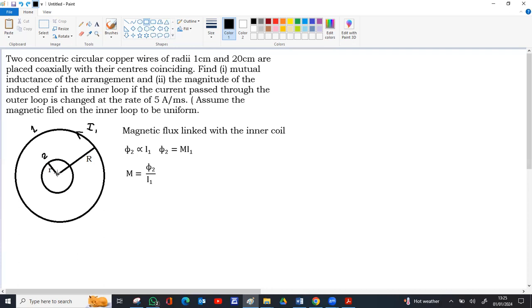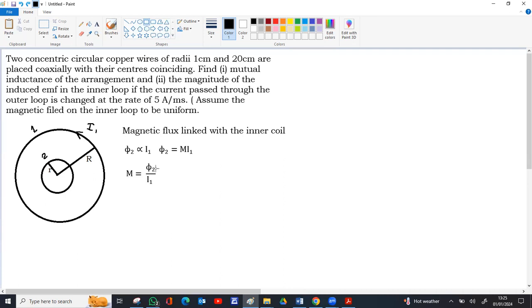Only thing, the B is coming from coil 1, because coil 2 doesn't have its own magnetic field. The area and number of turns will be of the second coil. The B is the same as what is produced by the first coil across the area of cross section of the second.